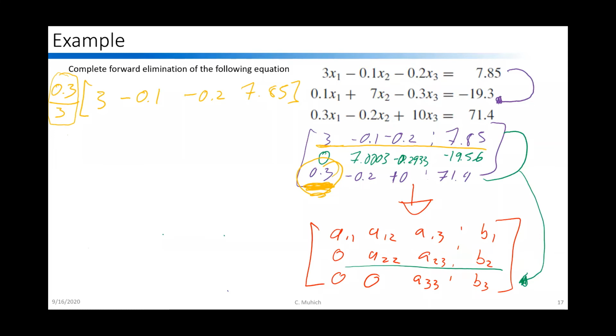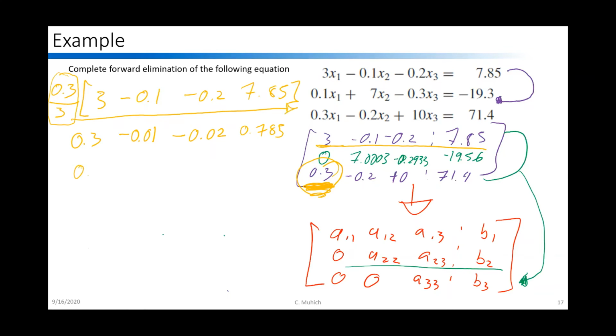If I do that, we have 0.3, negative 0.01, negative 0.02, and 0.785. Just multiplying that value through.